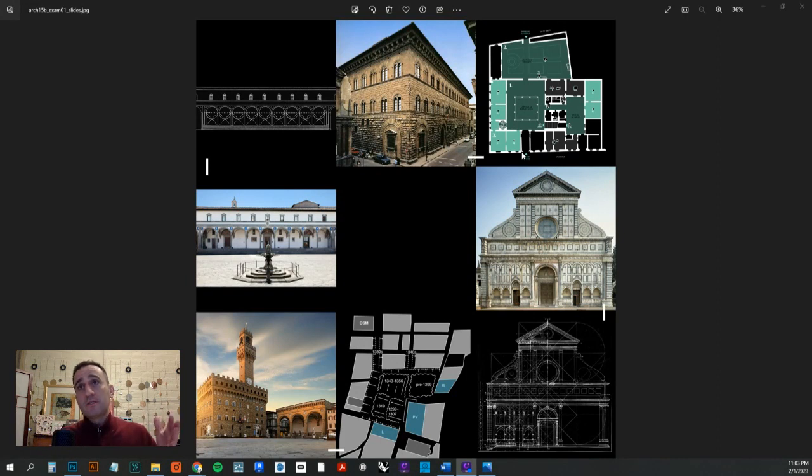But really what the architect is doing is saying, this is an important building. It's for an important family, for sure. But also I want to frame your experience as you move down this street to something also very important architecturally, culturally, and historically to us as a society in general, not even just the Romans.